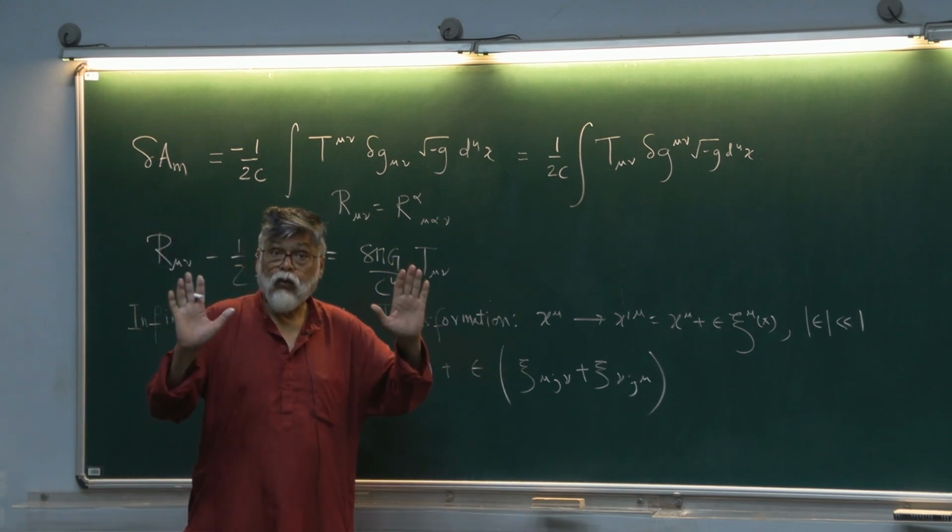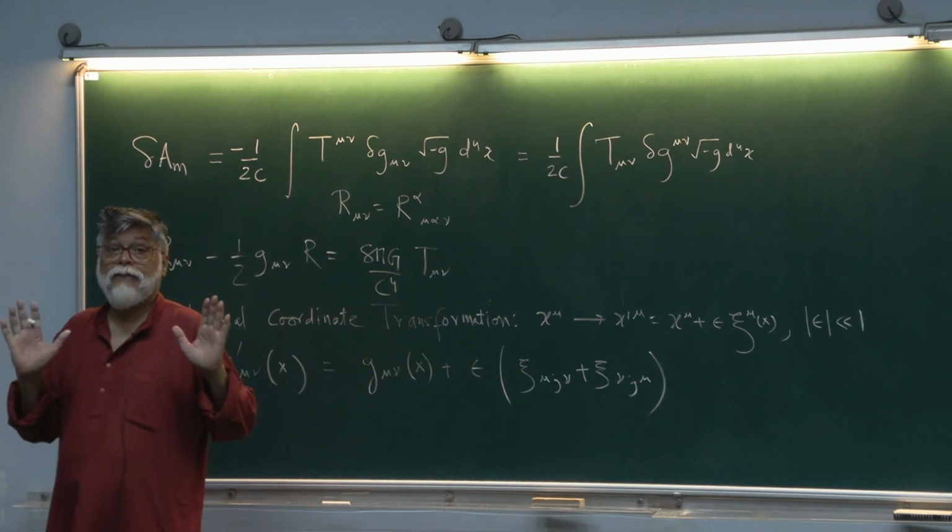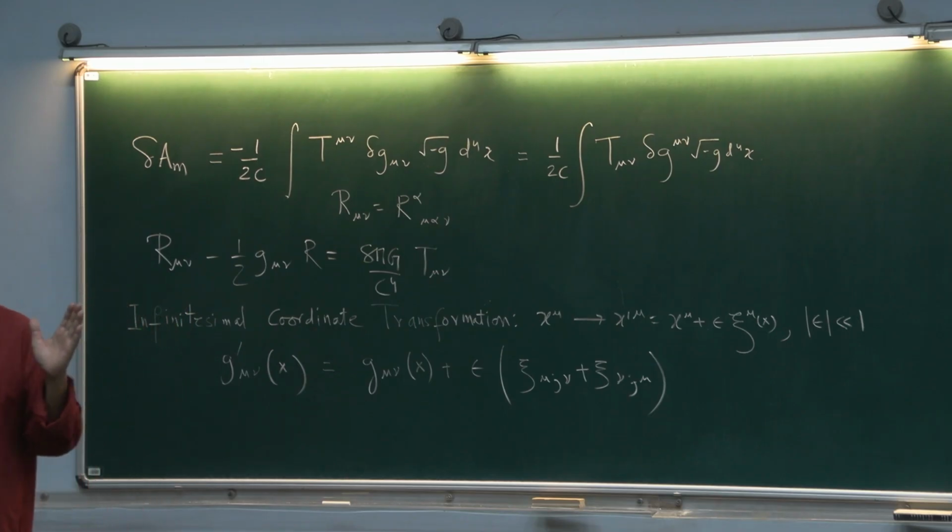Therefore, if you want that your xi mu generates a space-time symmetry, meaning what? That when you do the coordinate transformation using this xi mu, your metric as a function doesn't change.